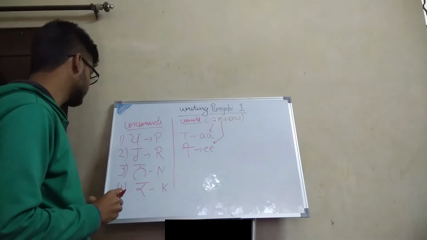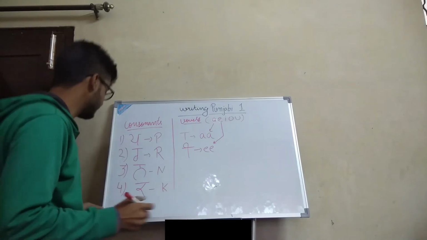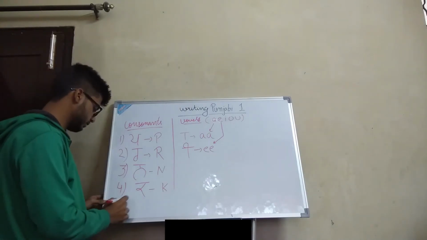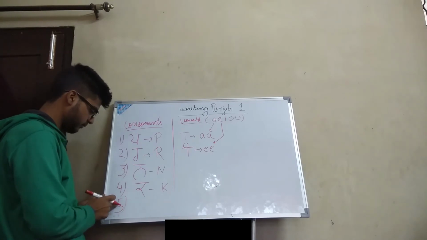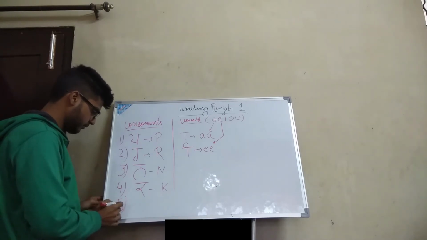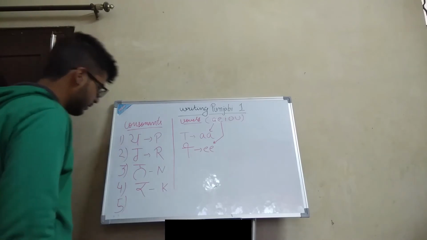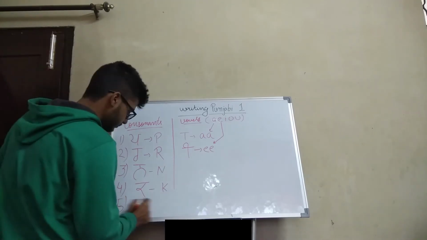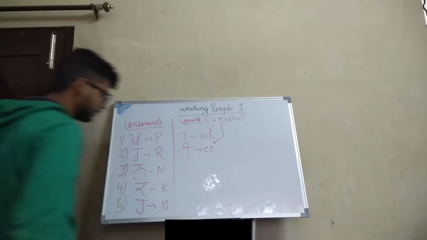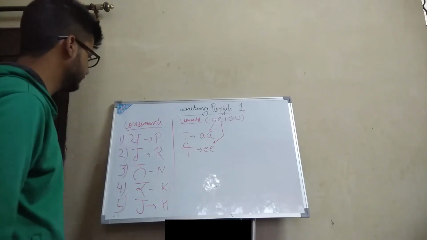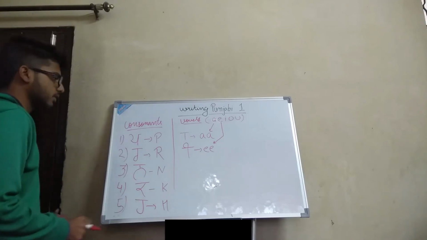So the next consonant that I am going to teach you is H. This is how we write H in Punjabi. Let me write it once again for you.